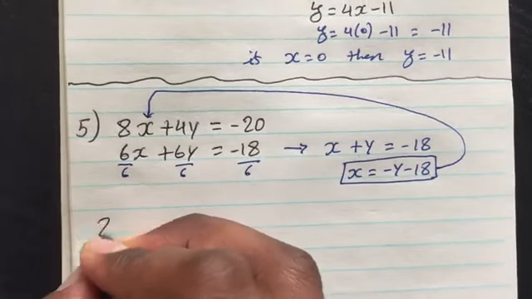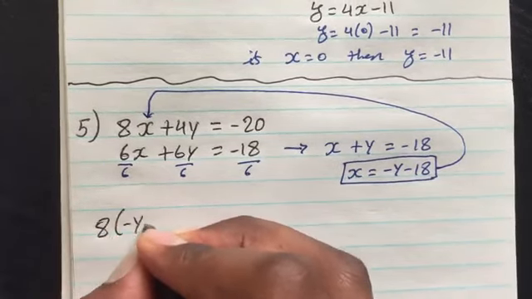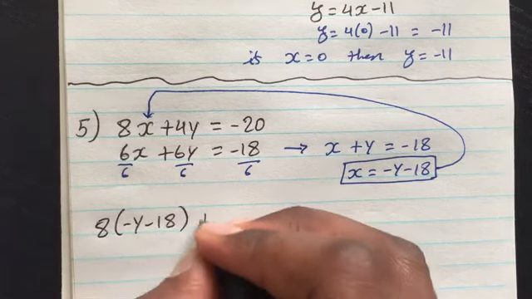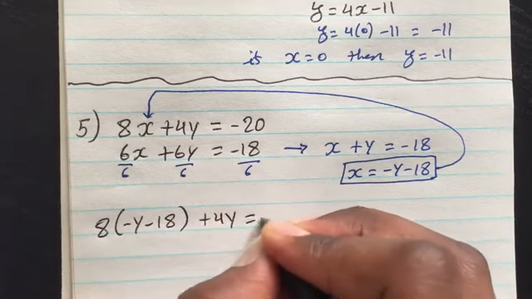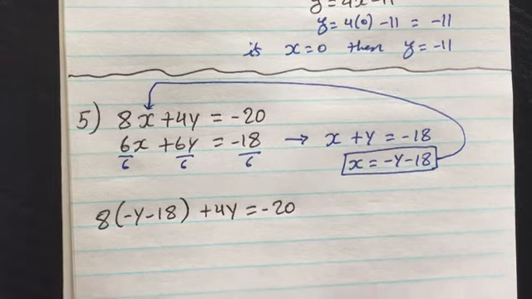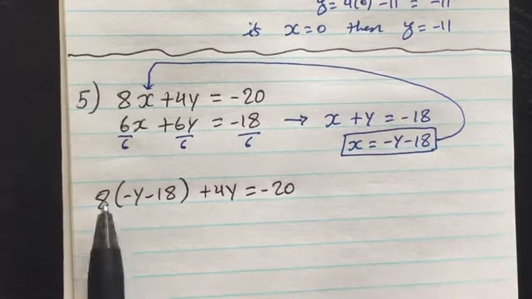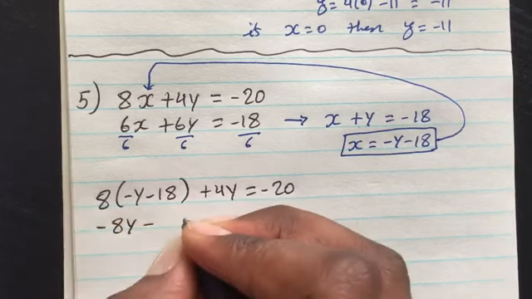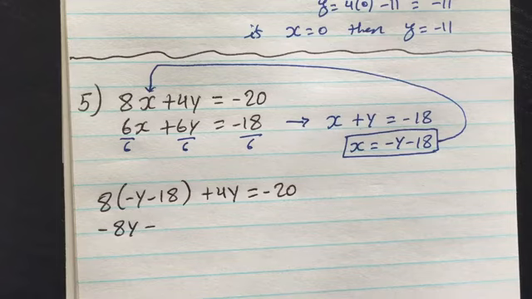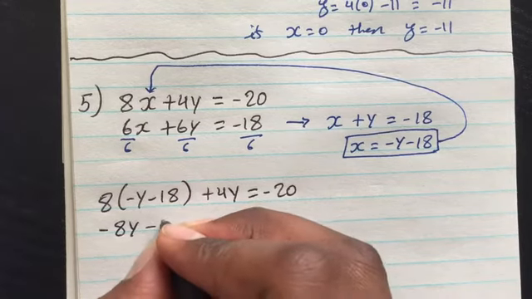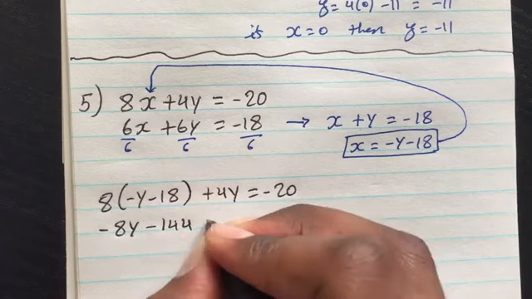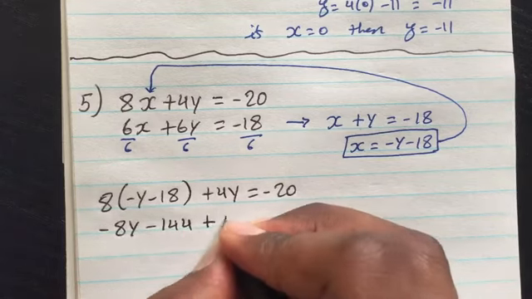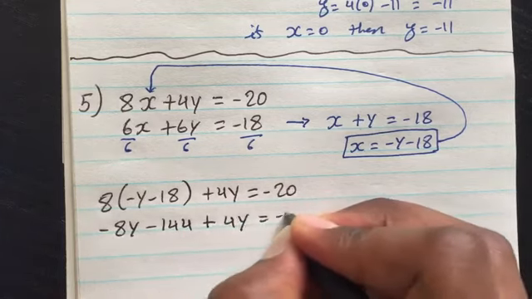So this becomes 8 times your x plus 4y equals negative 20. The next step would be to distribute this. So if I distribute, I get negative 8y minus, what's that equal to? 8 times 18 is 144, plus 4y equals negative 20.